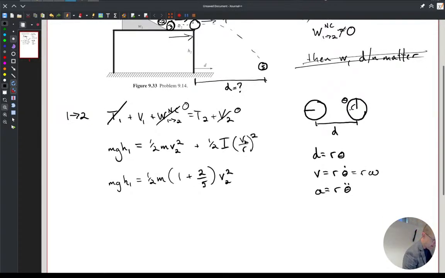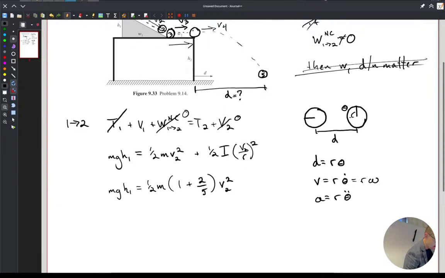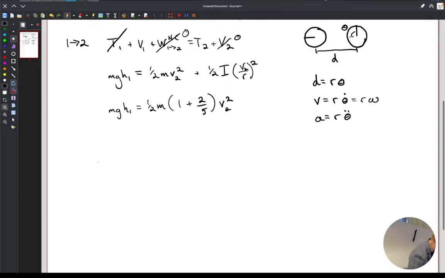So from 4 to 5, I think you've done it a lot, but getting from mv2, so right when we're traveling at velocity 2, we're moving down the ramp. Something's going to happen, and then afterwards we're going to be going mv3, like only along the ramp.